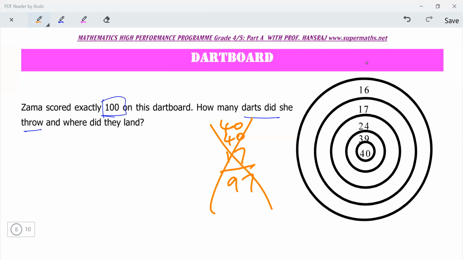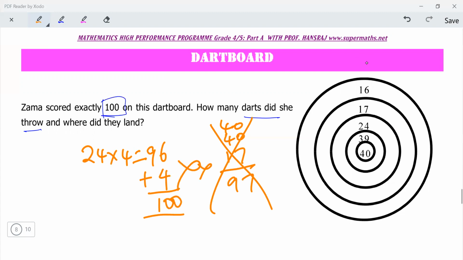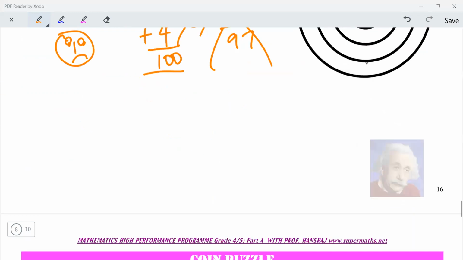Let's try 4 times 24. 24 times 4, 96. Now we need a 4 to complete that to make 100. But there's no 4. So that's the problem now. Right, so I'll leave that to you to try out. Let's see if you can get these right before the lecture starts later on.